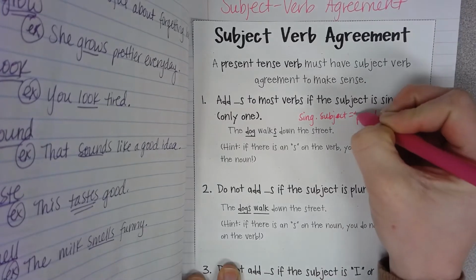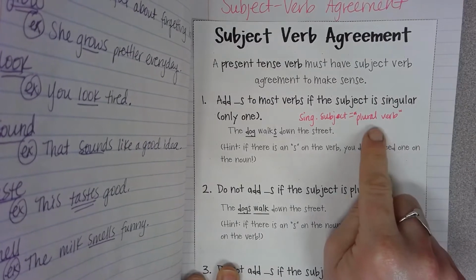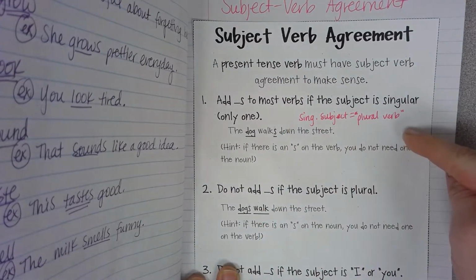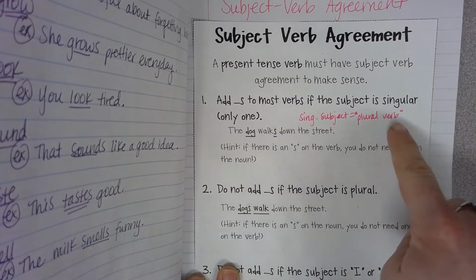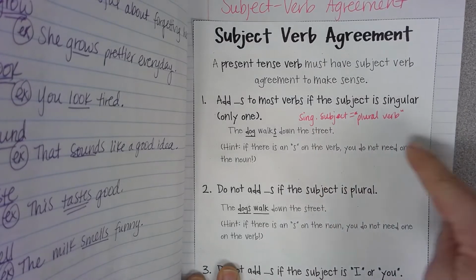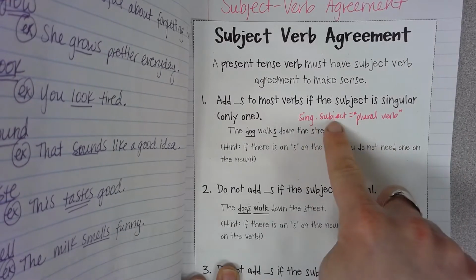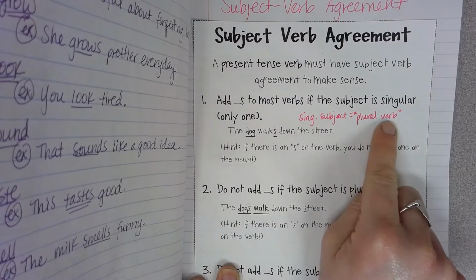Okay, and I'm going to put it in quotations here so that you can see. Now, the verb is not plural, okay? More than one action can't be taking place. We don't pluralize verbs, but we can kind of think of them as plural because we're used to adding S onto nouns to make them plural. It's kind of what these verbs look like. Now, the singular subject will be one of them, but two verbs, or a "plural" verb.